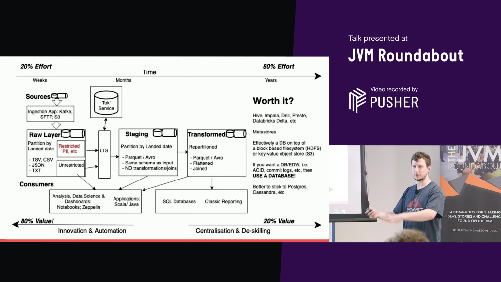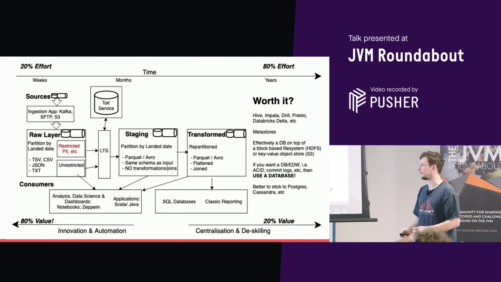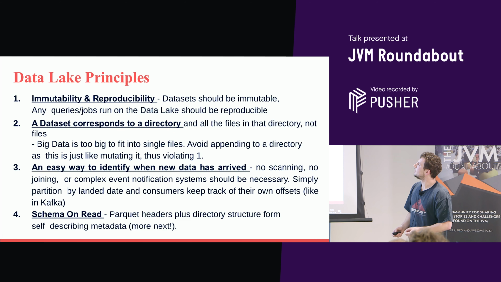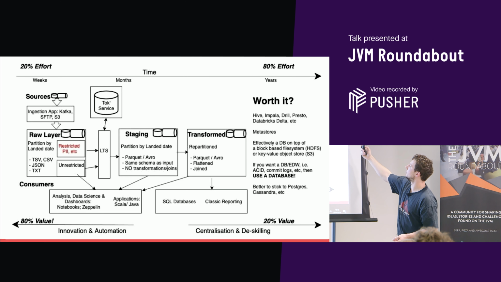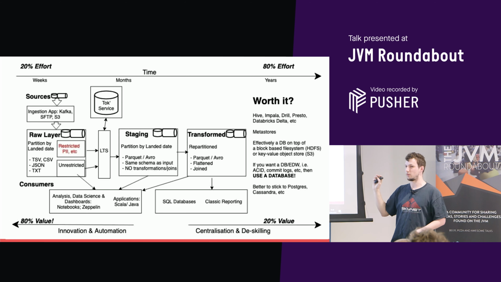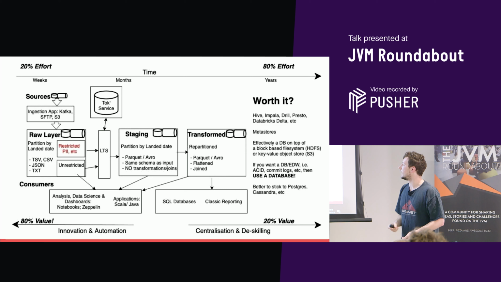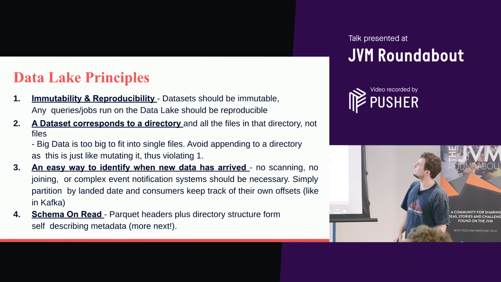If you mix those two concepts together, you're going to waste a lot of time and a lot of money. Because you're essentially re-implementing a database on top of a file system, but a weird file system. HDFS and S3 are very weird. S3 is not really a file system. So yeah, you don't want to do that. So anyway, here are some principles. Try and follow these principles.